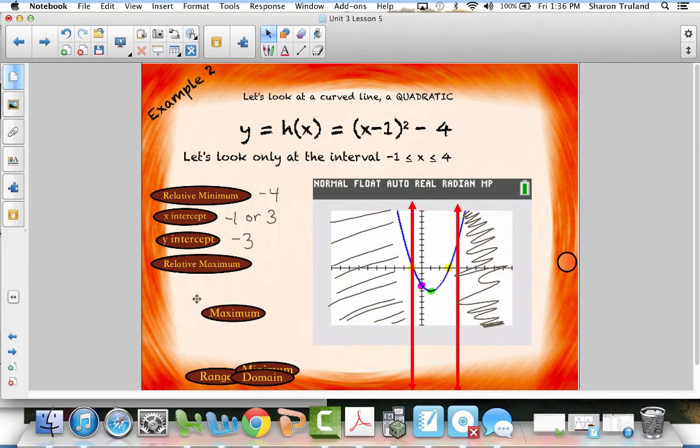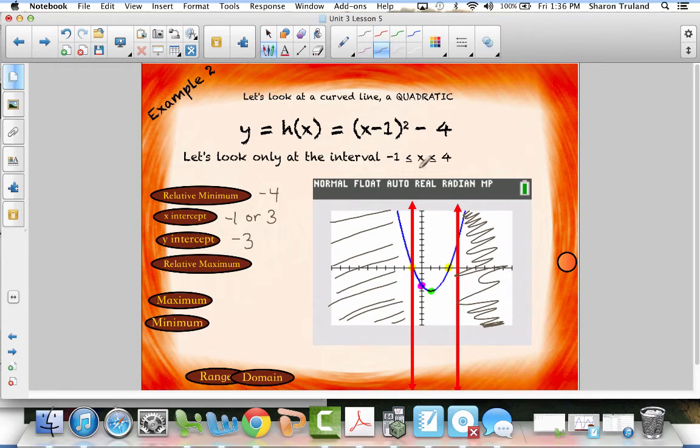Is there an absolute maximum or an absolute minimum? Well, yes, there is. So absolute minimum would be the smallest part or the lowest dip of my curve, and the absolute minimum, remember, is the same as this relative. So the absolute smallest part it gets to is -4.